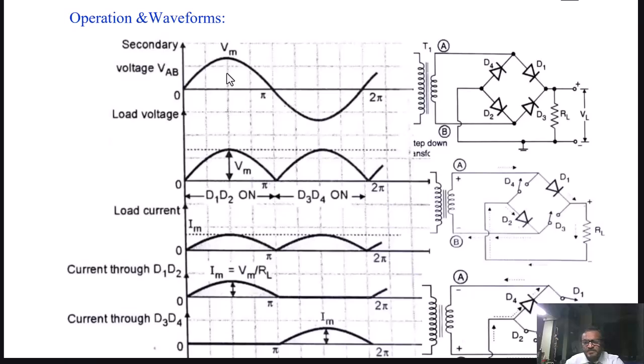Whereas, if we consider the practicalness of the diode, then the output voltage is slightly less than the input voltage VAB by the voltage drop across diodes D1 and D2, and some voltage drop across the secondary winding, which is very small compared to the output voltage. And therefore, for most practical applications, we will consider that the voltage across the load is the same as the voltage VAB during the positive half cycle, that is Vm sine of omega t, as shown in the waveform also.